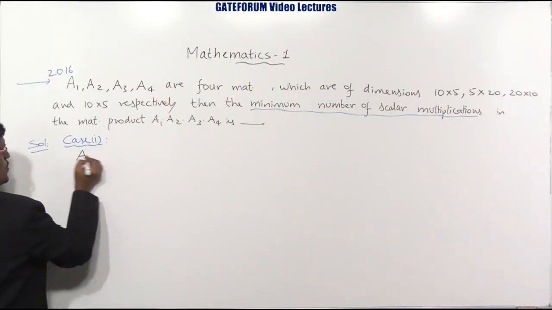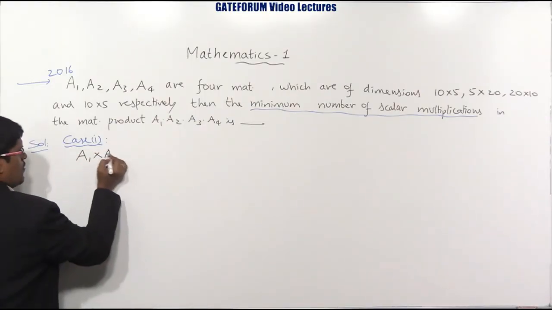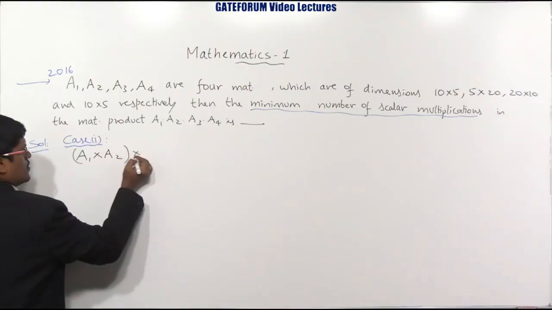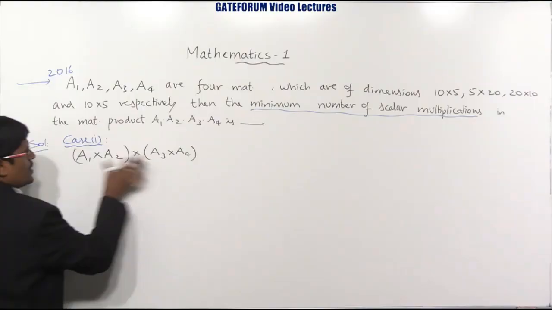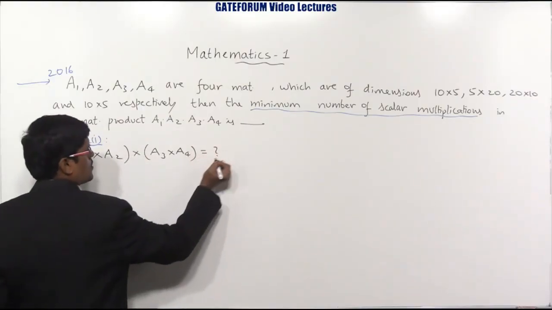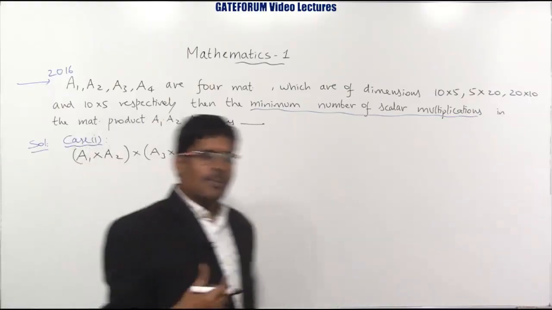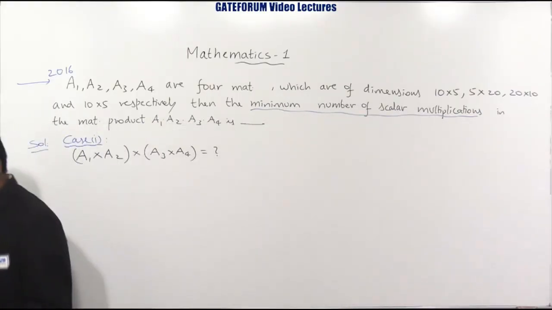So case 1. I am taking as usual, the way every normal person does this. Step one is A1 into A2. Second step is A3 into A4. Third step is the product of the above two steps, equal to question mark. The question mark means how many scalar multiplications we are going to find.